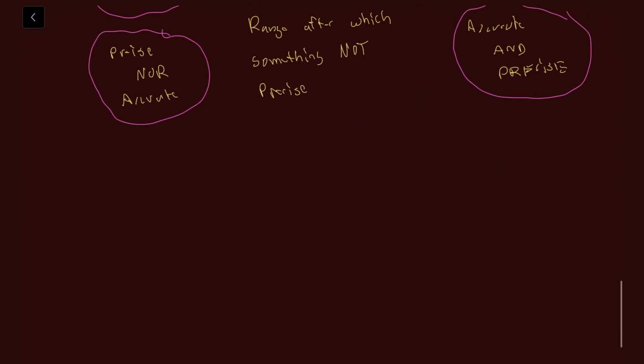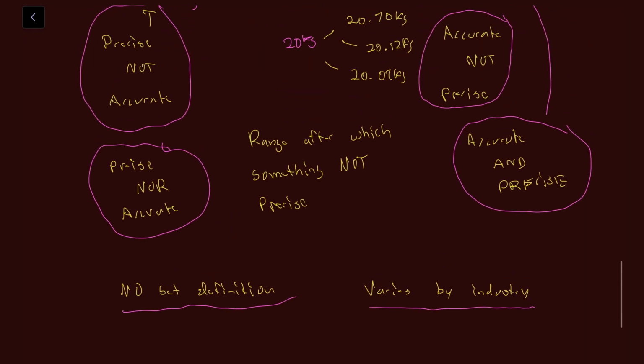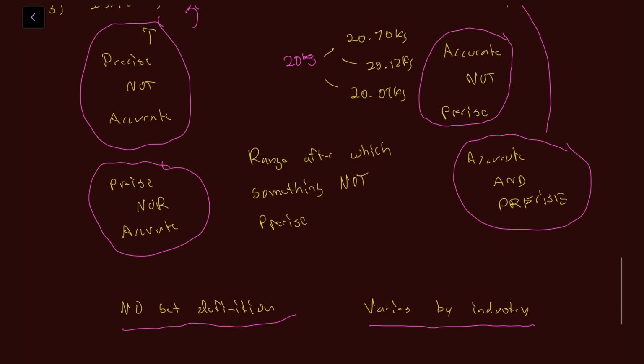The interesting thing to know is that there is actually no set definition for when something is precise or is not. It varies by the industry you're in, by the experiment you're trying to do, by the laboratory you're in. It can vary. So that's something to keep in mind in these 4 scenarios.